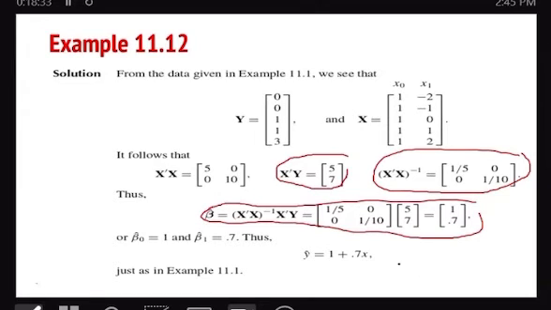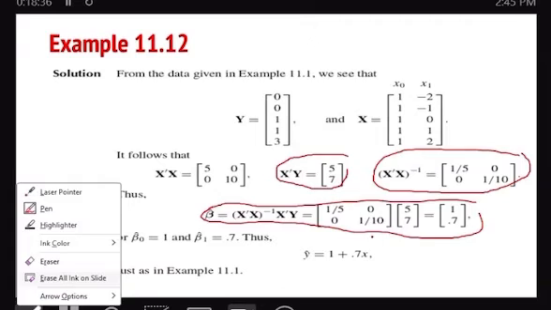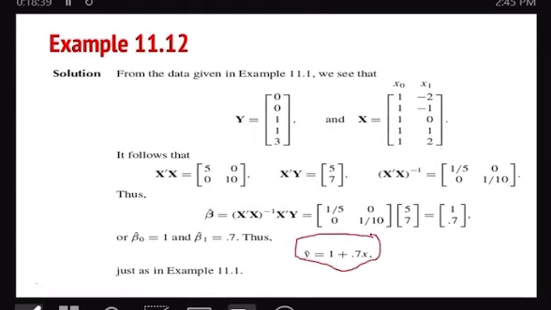Now, if I'm specifying the model, this is going to be the model. So this is my estimated model. When you are specifying the model, you've got to put a cap on Y. When you specify the model without putting a cap on Y, that is not correct, because there's a difference between Y and Y cap. The model does the job of prediction.